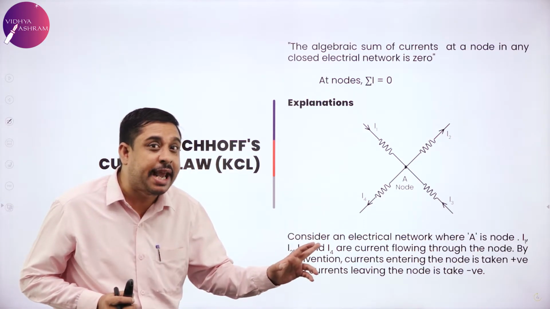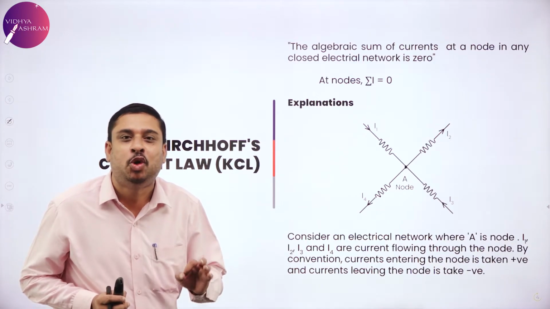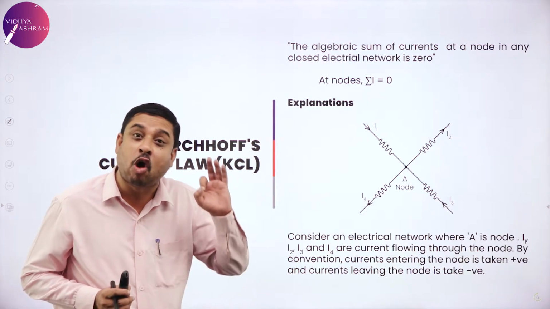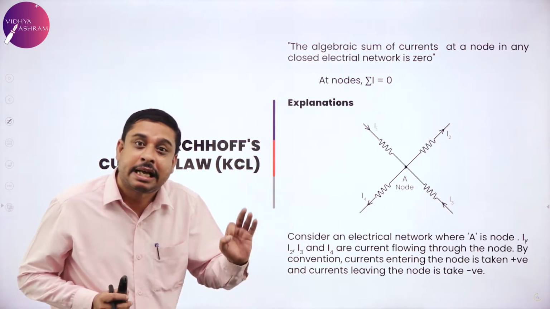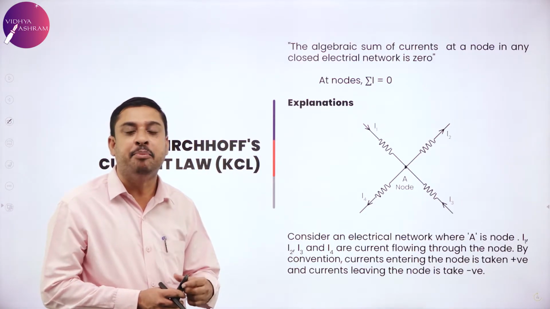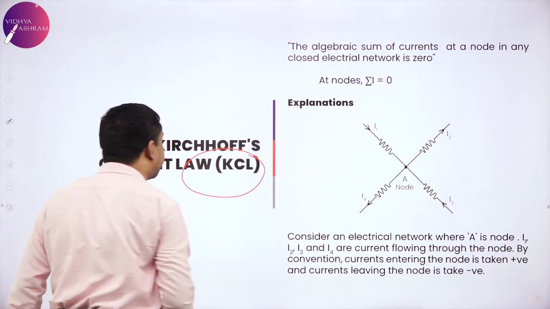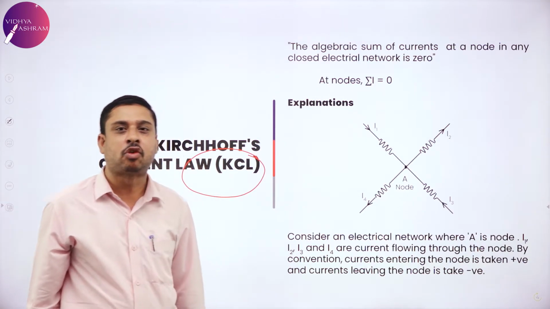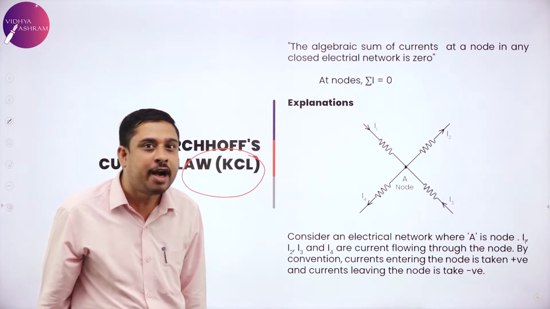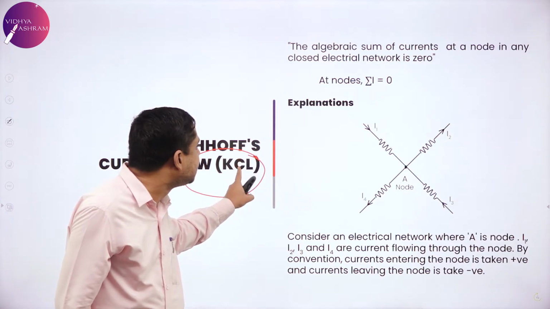Asked in the examination for 2 marks, and if you need to do the derivation on the meter bridge or solve any question related to networks, yes, these are two important laws. So first I start discussing KCL, which is called Kirchoff's current law. In short, Kirchoff's current law is called KCL.